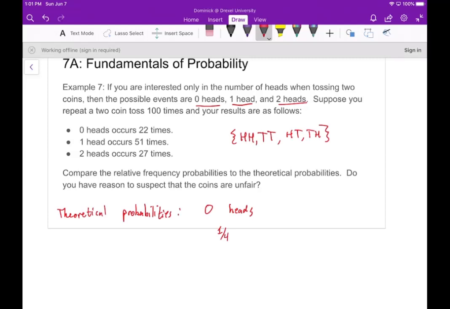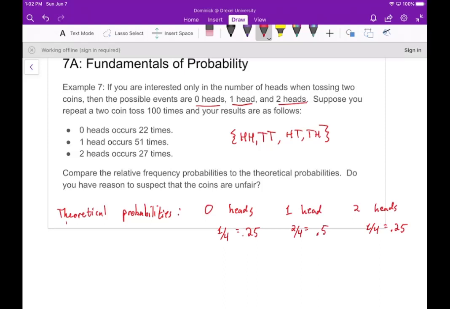Because you have one event that has 0 heads, so that'd be 0.25 or 1 over 4. Probability of getting 1 head, well, it's both of those last 2, so it's 2 out of 4, which is 0.5. And then for 2 heads, it's back to 1 out of 4, which is 0.25.